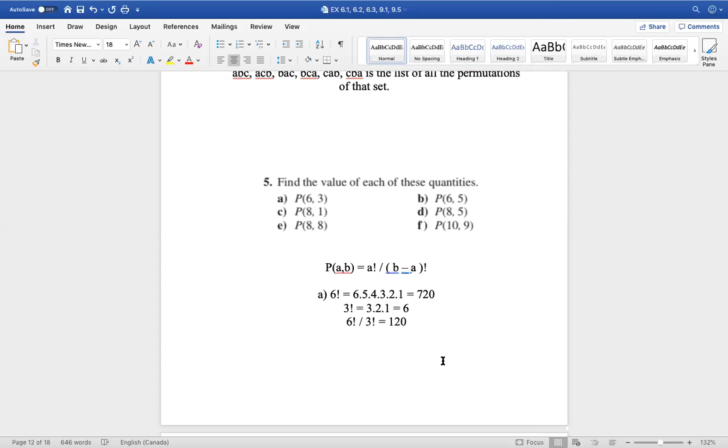Okay. All right. So let's take just another one. This is just simply plugging in the value. So we have P88. This is an interesting one.